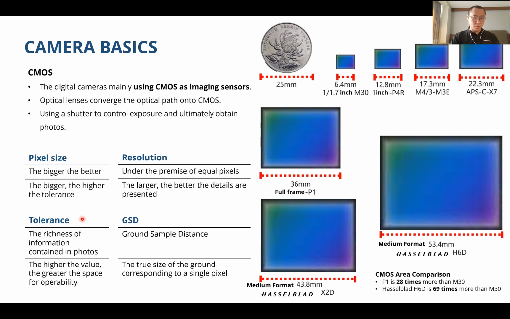And the tolerance is the richness of information contained in photos. The higher the value, the greater the operability. As for GSD, we have discussed it in the previous course, so I will not give the details.